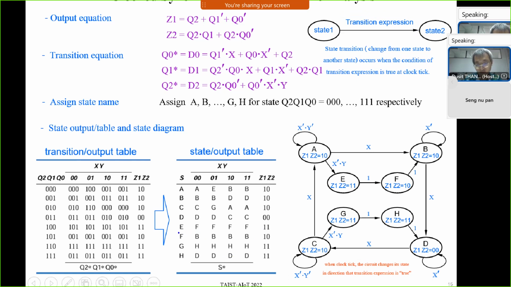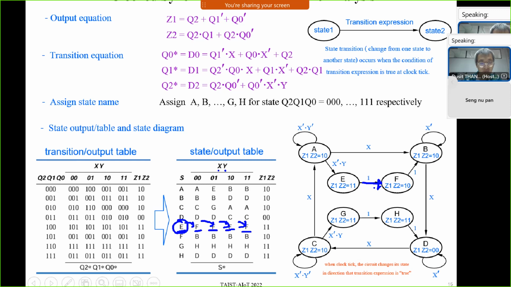And for E to F, for every case of input, when the circuit at state E it changes to F for every possible input. That means it doesn't depend on X and Y. It just waits for the clock tick. I write 1, that means it's always true.